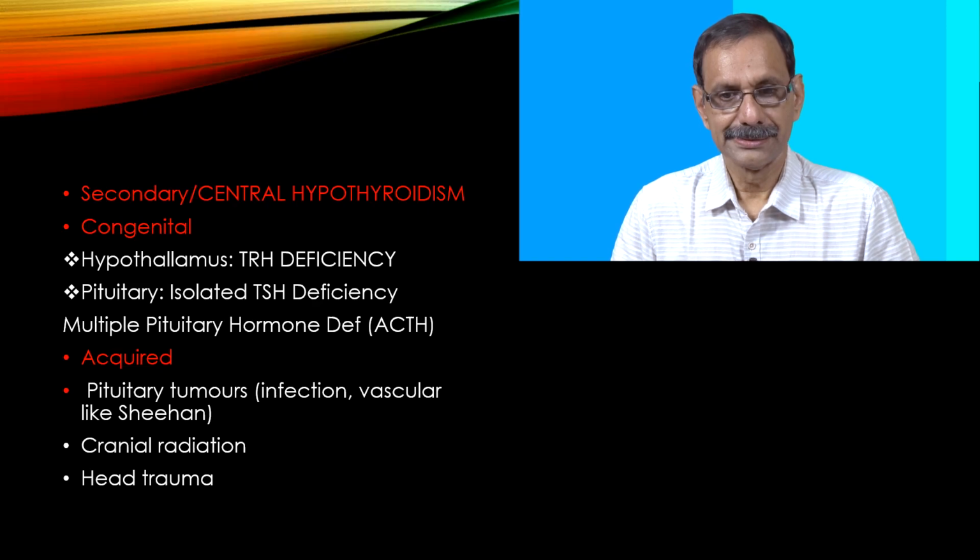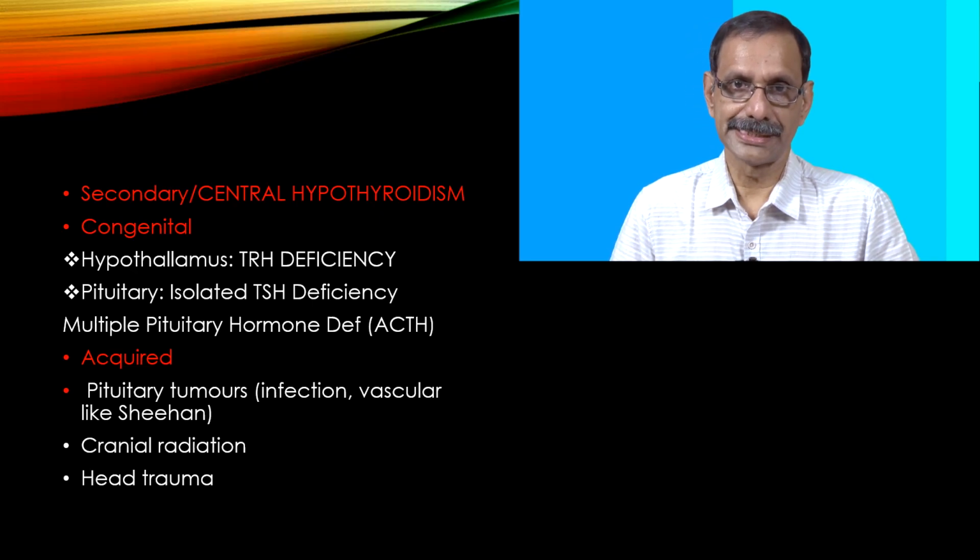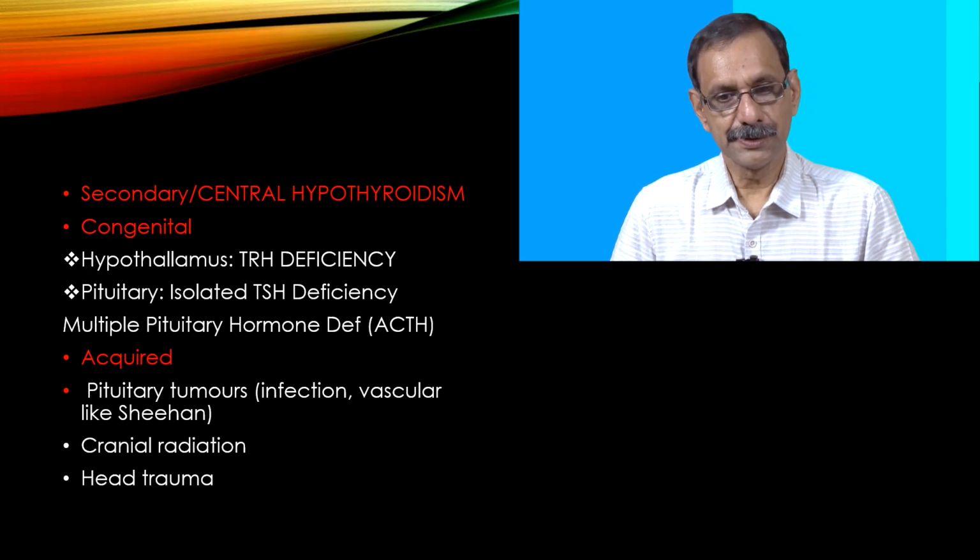Now acquired central hypothyroidism: pituitary tumors, for example craniopharyngioma, infection, vascular causes, for example following delivery, massive blood loss may cause Sheehan syndrome. Then cranial irradiation or head trauma destroying the hormone secreting areas. Central hypothyroidism can be congenital or acquired.